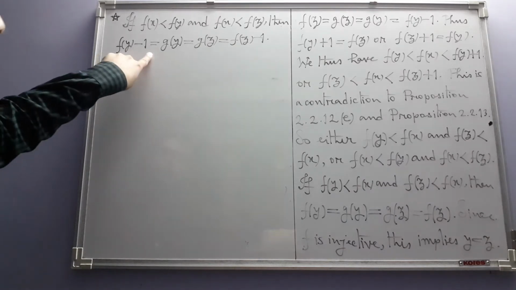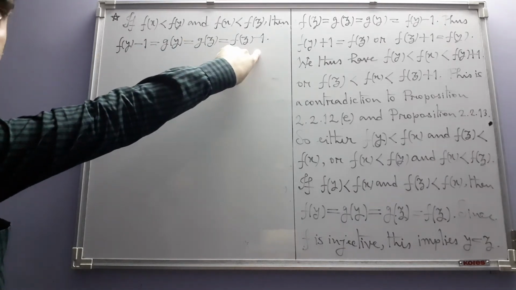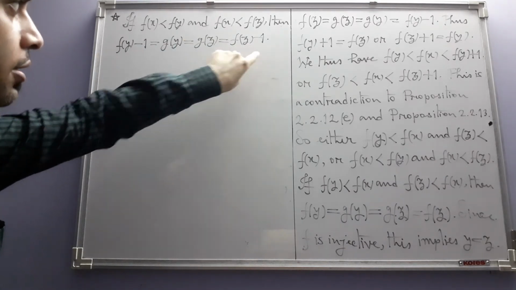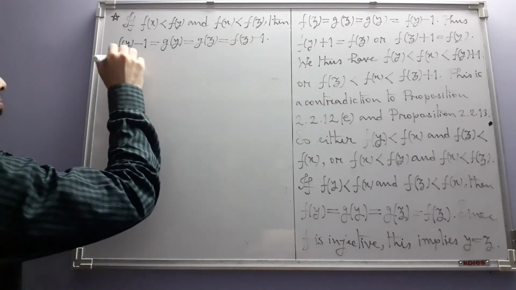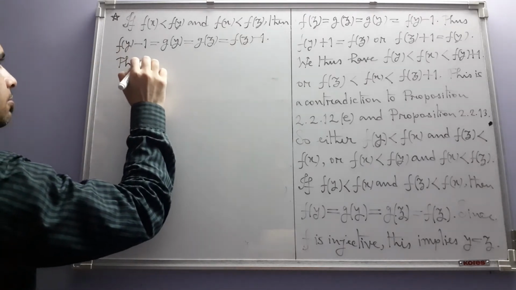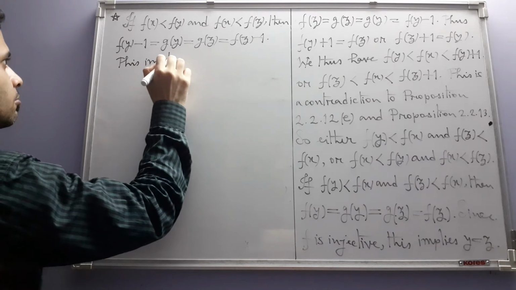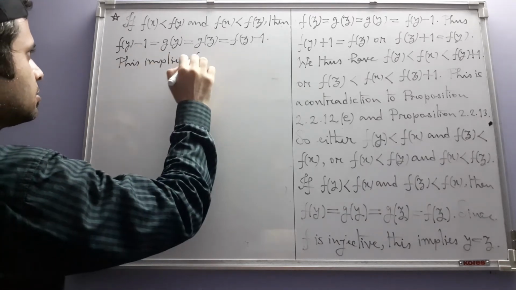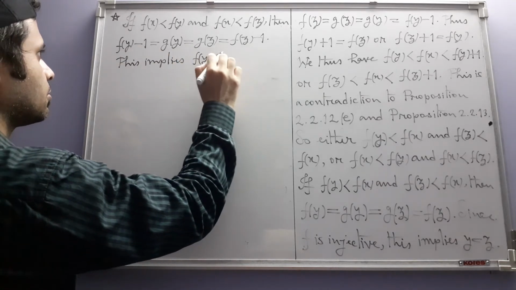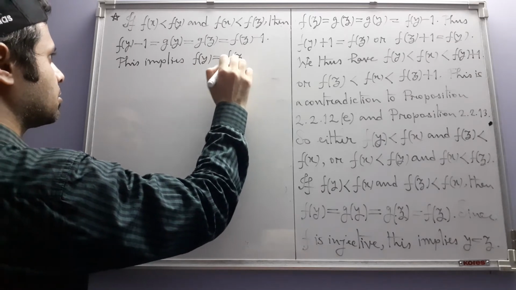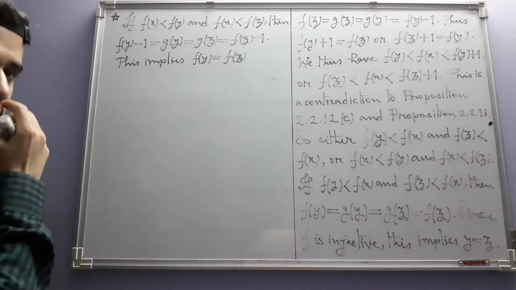So these are two natural numbers which are equal, so their successors will also be equal. This implies the successor of this is fy and the successor of that one is fz.